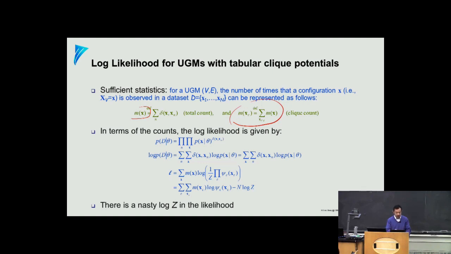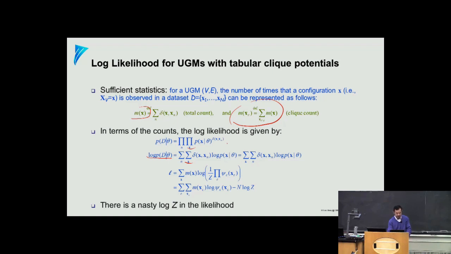Suppose these two are given, then you can write down your log likelihood using this. And here I used a little trick, because for simplicity let's first assume the variables are discrete. Let's just sum over all possible configurations of x. I wouldn't call it a reparameterization, it's just a different expression. You sum over x, which means you use a delta function to clamp those values of x that are consistent with your observation of the data, and then count one every time you see it.